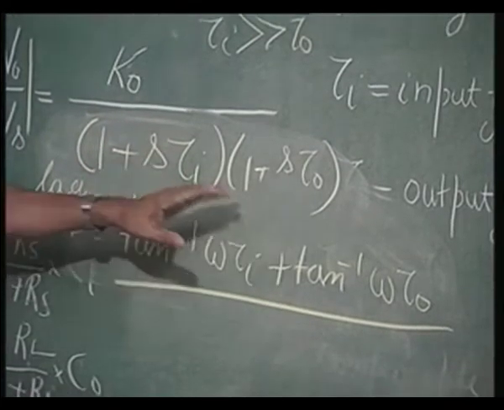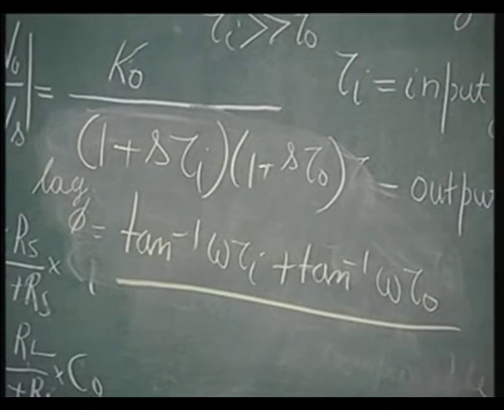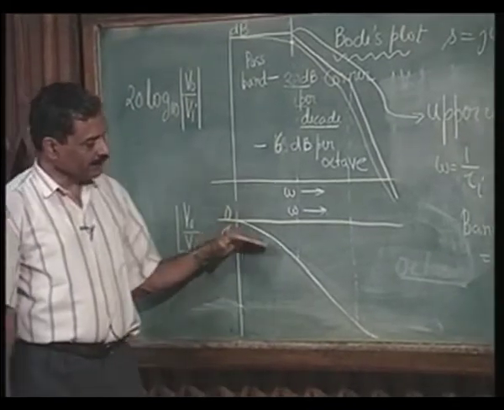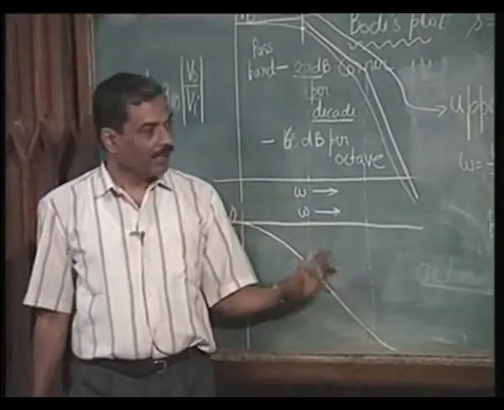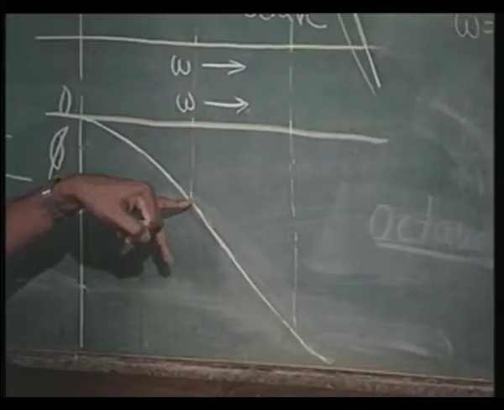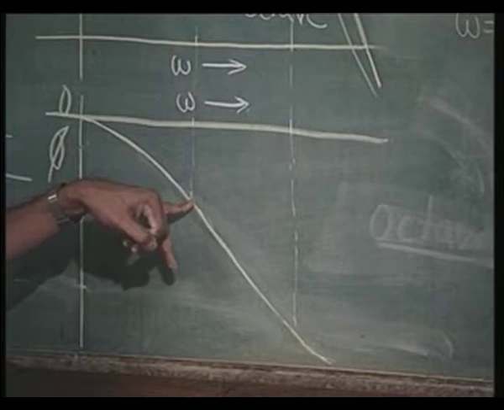At very low frequencies there is no phase lag. So, this is going to be 0 phi. Starting with 0, gradually there is going to be phase lag. At tau I being dominant, we have omega tau I equal to 1. It becomes 1 plus j. 1 plus j means how much? A phase shift of 45 degrees.